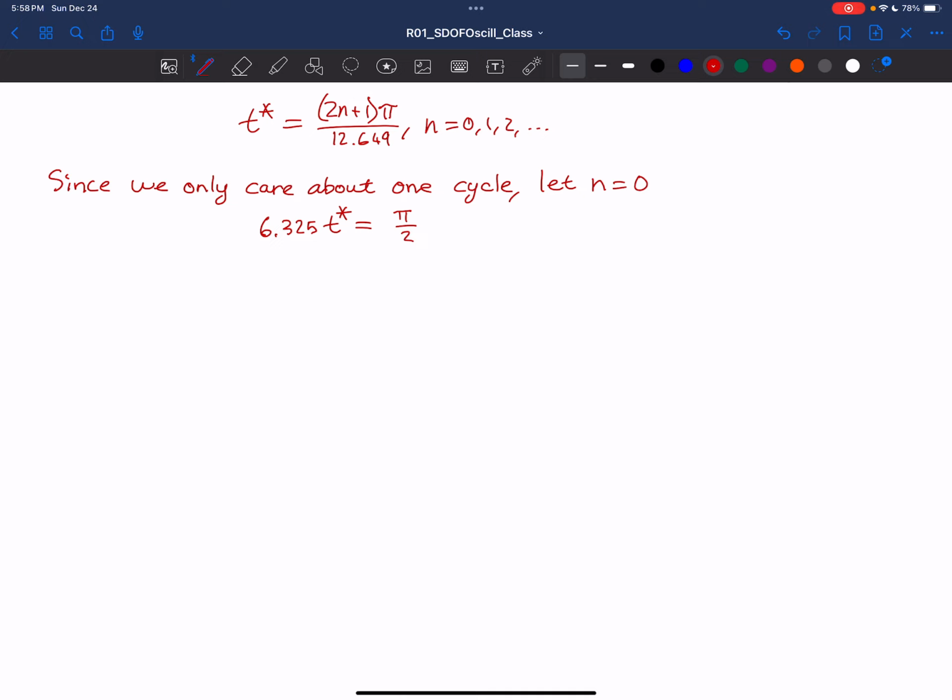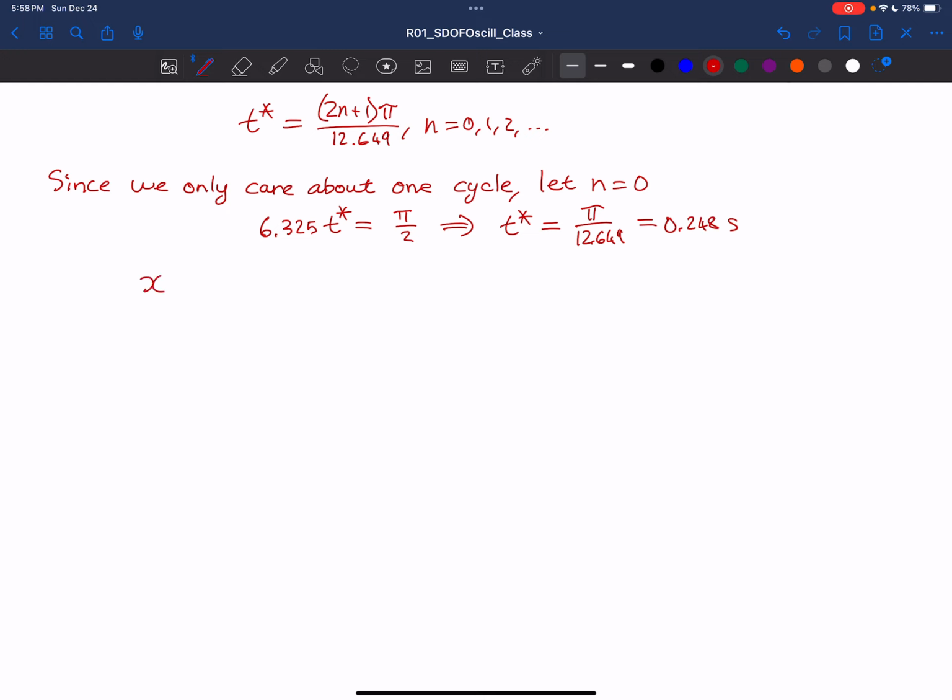In fact, just to solve for t star, let's do that. This is equal to pi divided by 12.649, which is equal to 0.248, just in case you did want to do that.